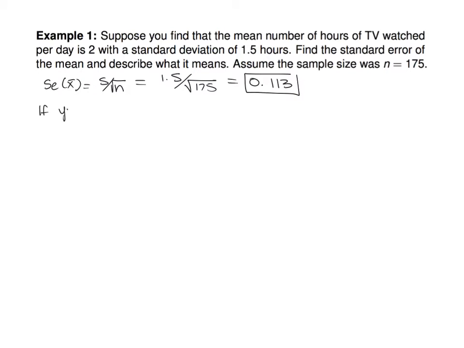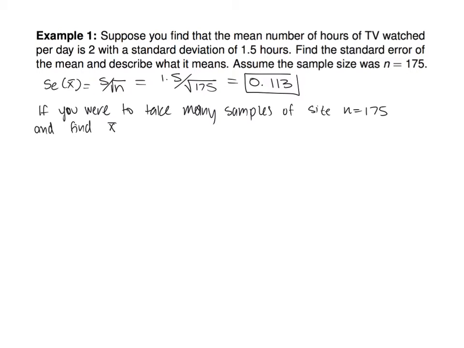And what this means is if you were to take many samples of size n equals 175, and find x bar for each, the standard deviation of x bar would be about 0.113.